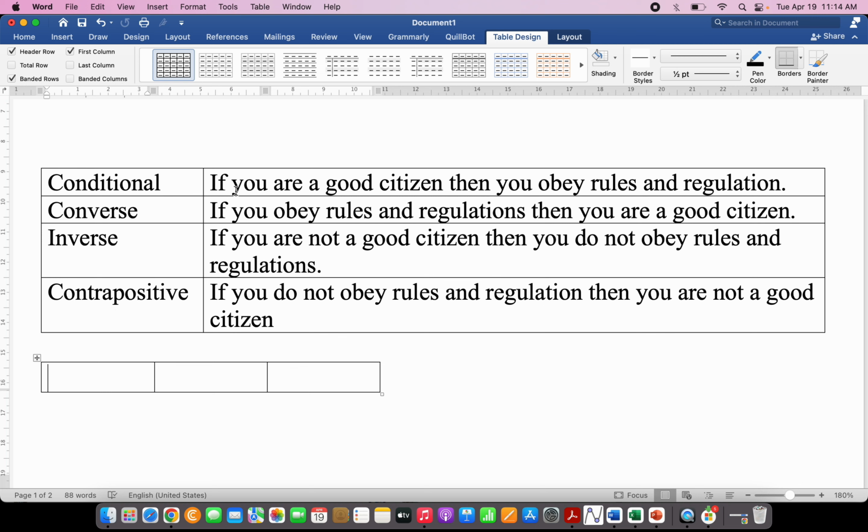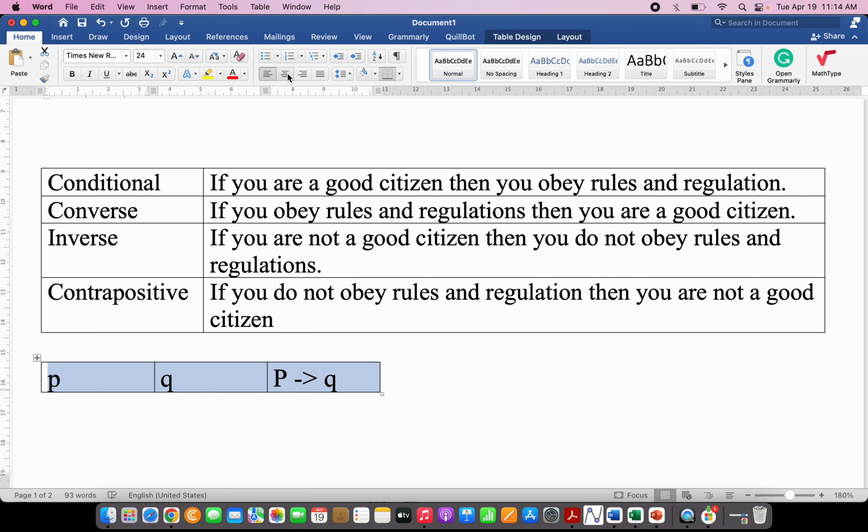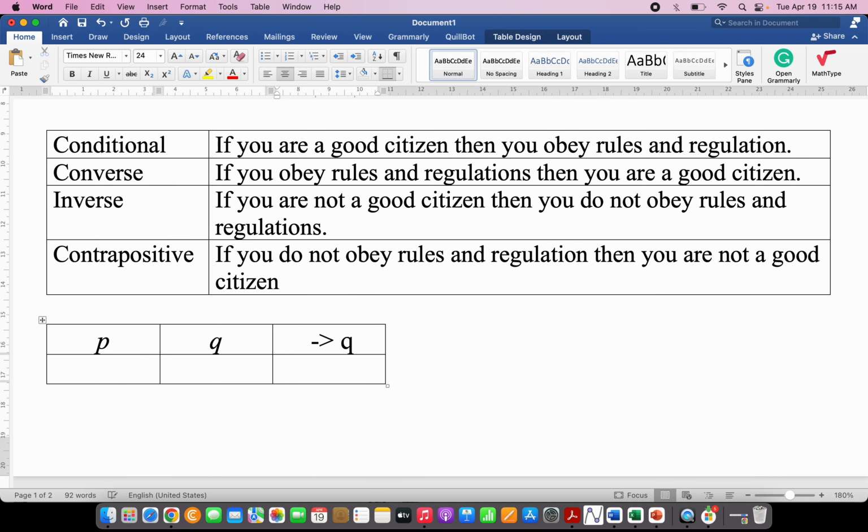So the hypothesis, P, Q, and then P, then Q. Isos, P, then Q. Okay? Yan. Number 1 muna. Small letters, yan class, ha?